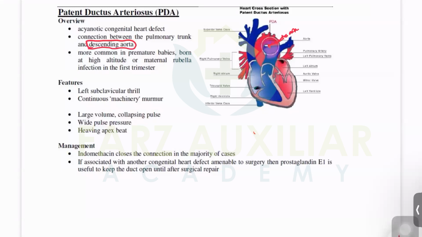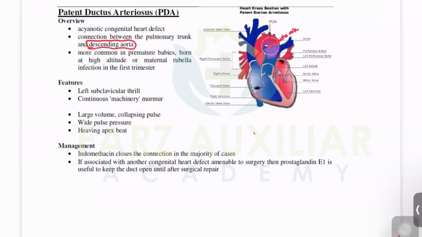It is also seen in babies born at high altitude, where oxygen levels are too low to trigger the decrease in pulmonary resistance that happens at birth, and in children whose mothers had maternal rubella infection in the first trimester. So these are the three main associations of PDA: premature babies, babies born at higher altitude, and maternal rubella infection in the first trimester.